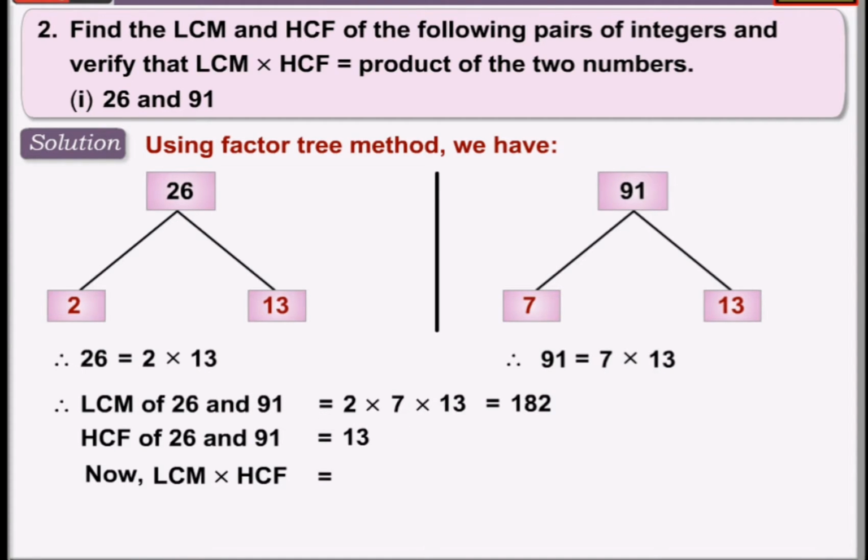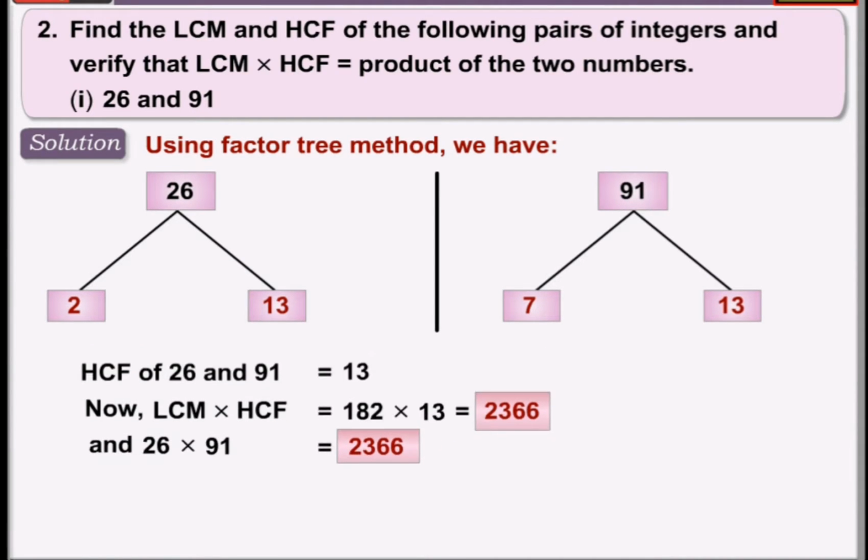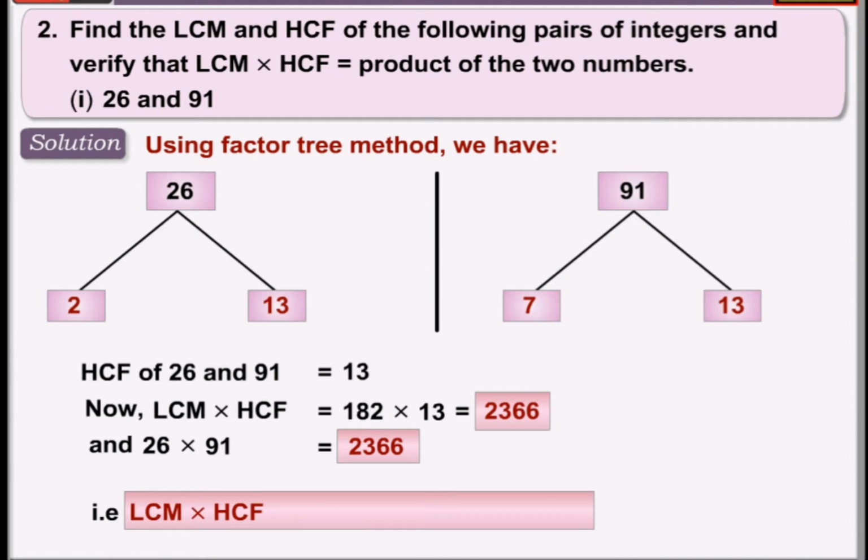Now, LCM into HCF is 182 into 13, that is 2366, and 26 into 91 is 2366. That is, LCM into HCF is equal to product of two numbers.